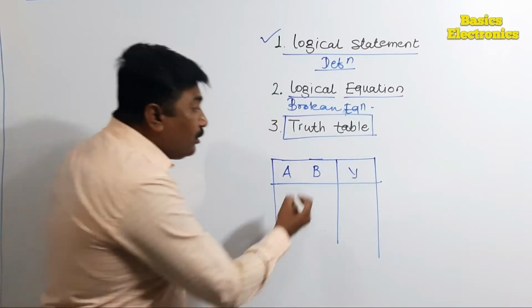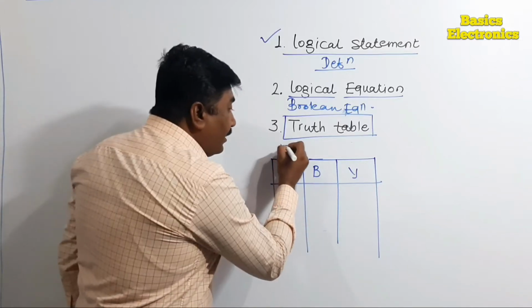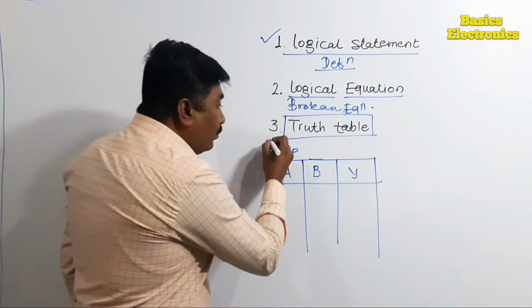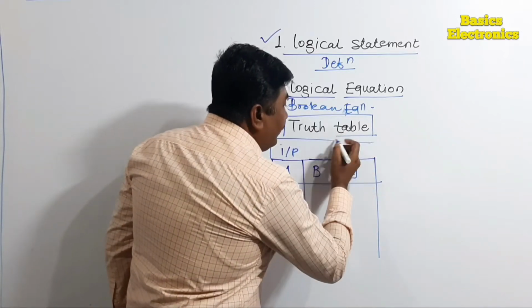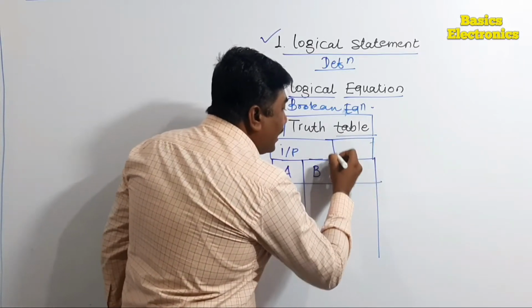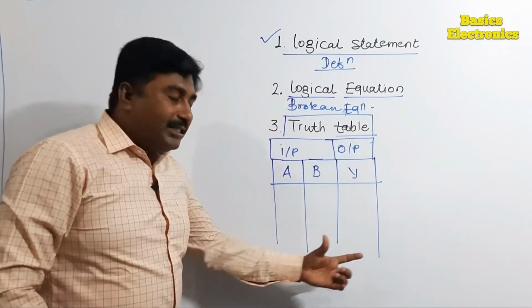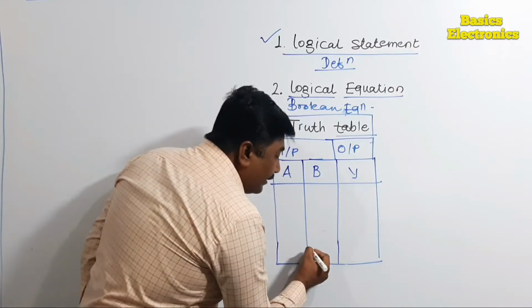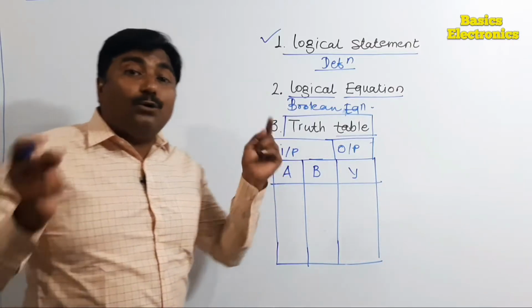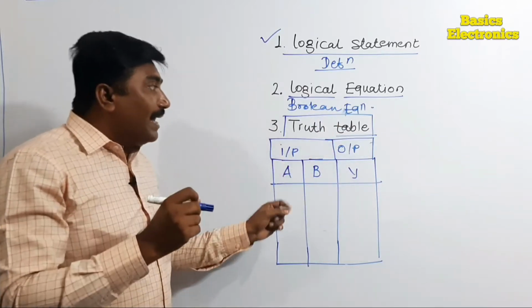So the two inputs here are A and B. Here we can write input, and here we can give the name output. The table in which all possible combinations and their corresponding outputs are given, that table we call a truth table.